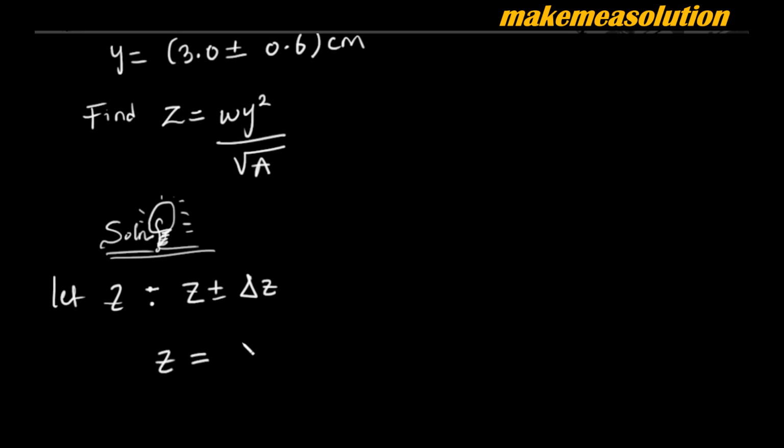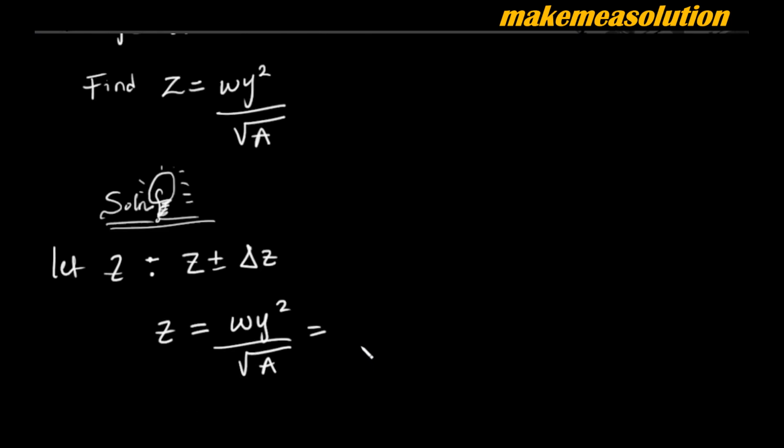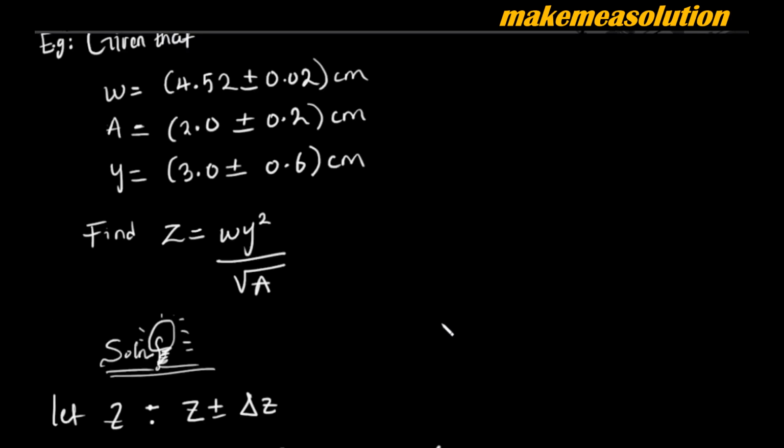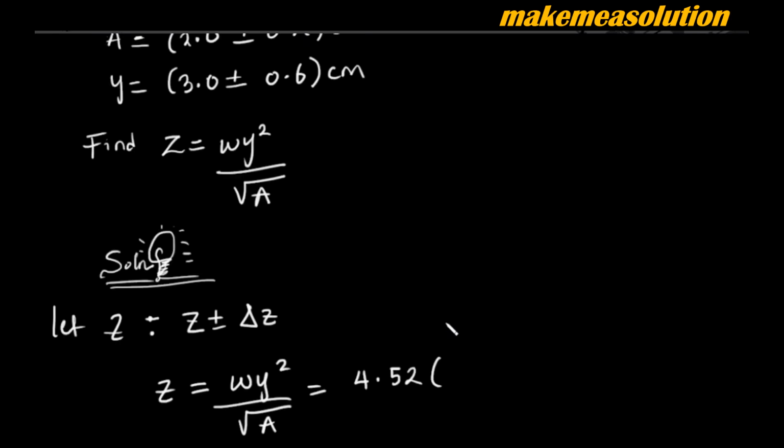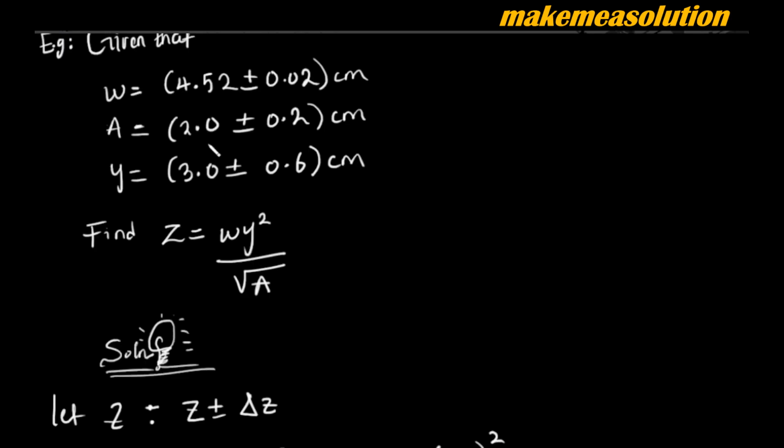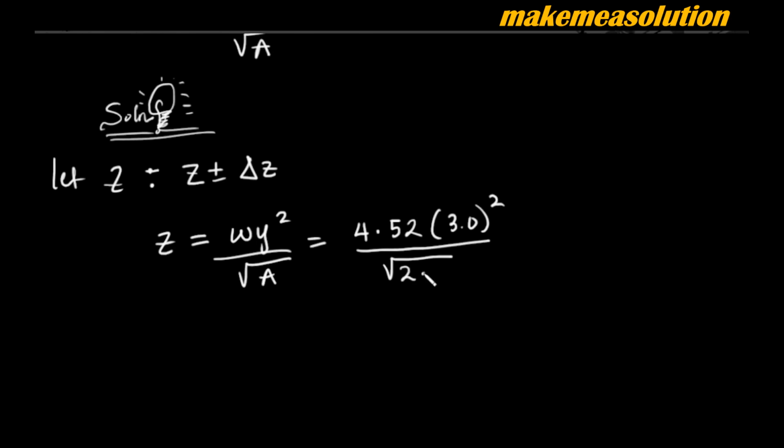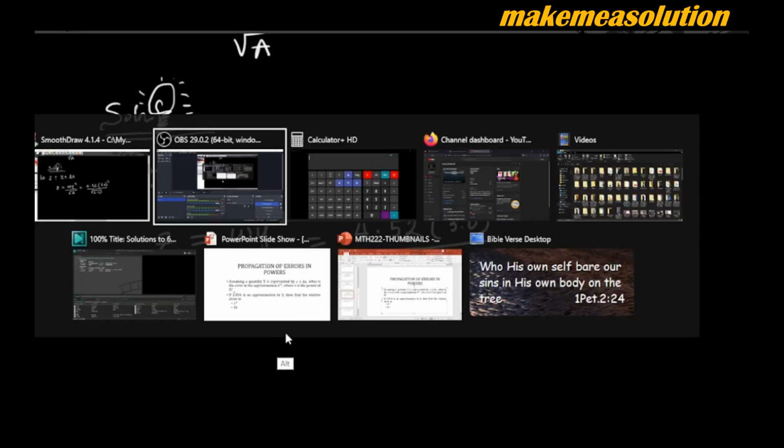So to get z, all we just need to do is to evaluate wy squared over the square root of a. And to do that, our W is 4.52. Then my y squared is 3.0 all squared, divided by square root of a, and the square root of a, as you can see, is square root of 2.0. And if we evaluate this, let's say we use our calculator to help us.